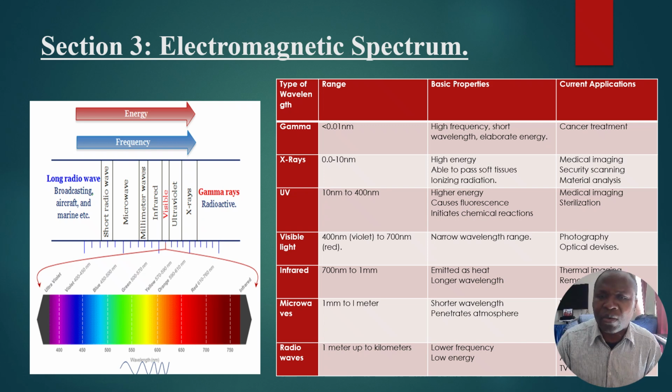Gamma rays, for example, have a high frequency and are primarily utilized in cancer treatment, where they target and destroy malignant cells within the body. Time will not allow me to go through each one of them, but as you can see from the screen, you can see the basic properties and how they are applied.